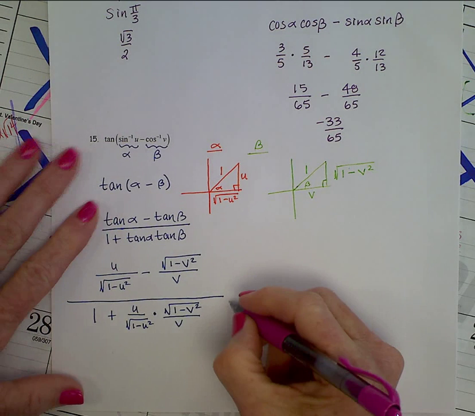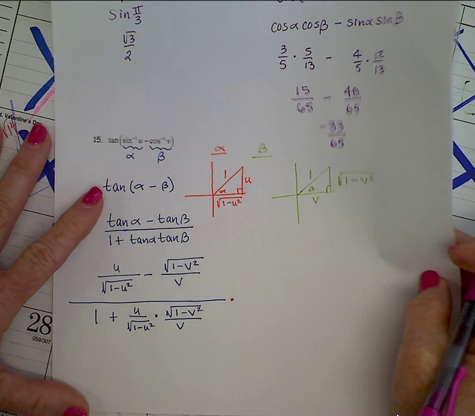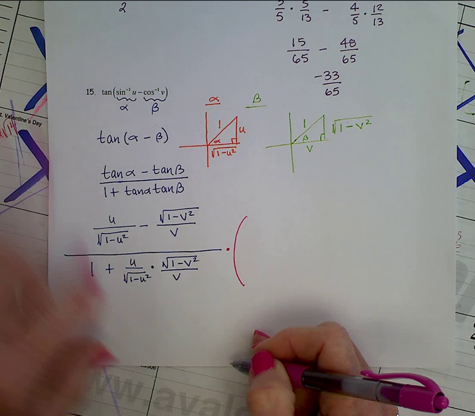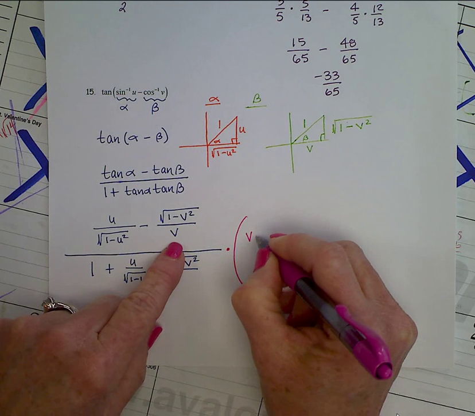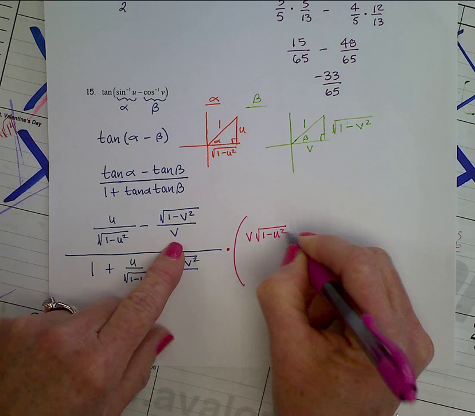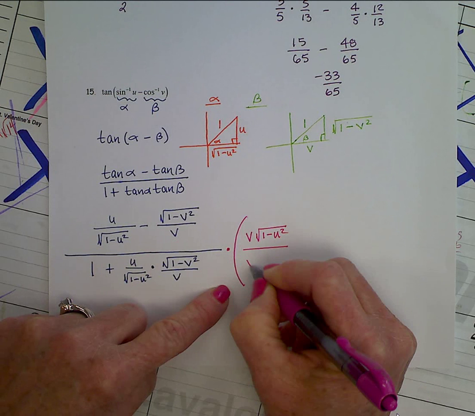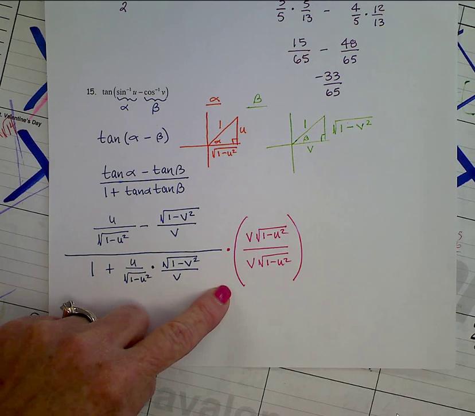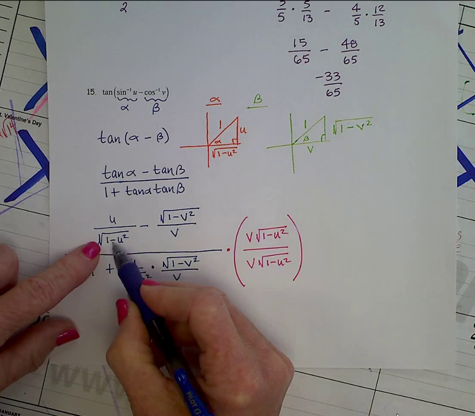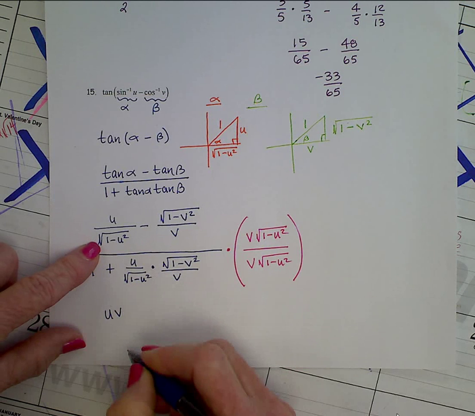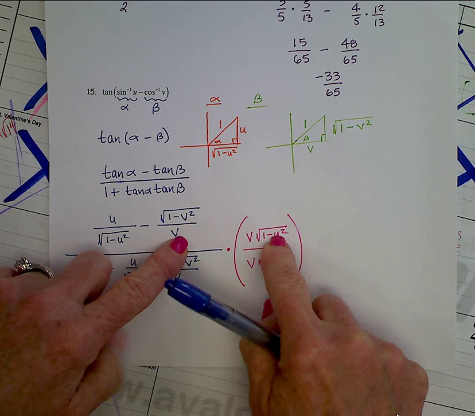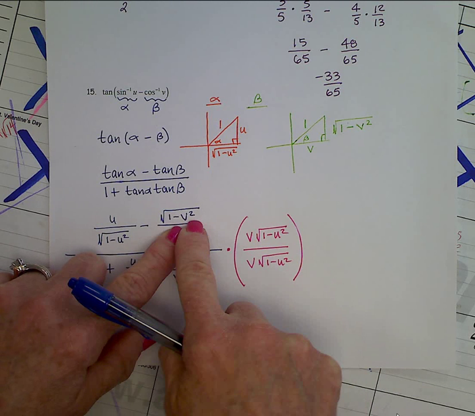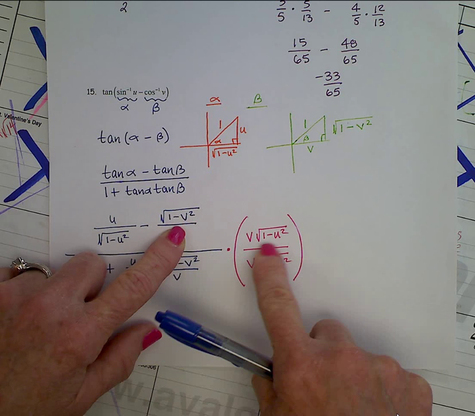Let's simplify that complex fraction mess. Multiply through by the common denominator, which is going to be V times the square root of 1 minus U squared. Alright, this first one's going to be UV minus, and then this times this, the V's drop out, so we'll have the square root of 1 minus V squared times the square root of 1 minus U squared.